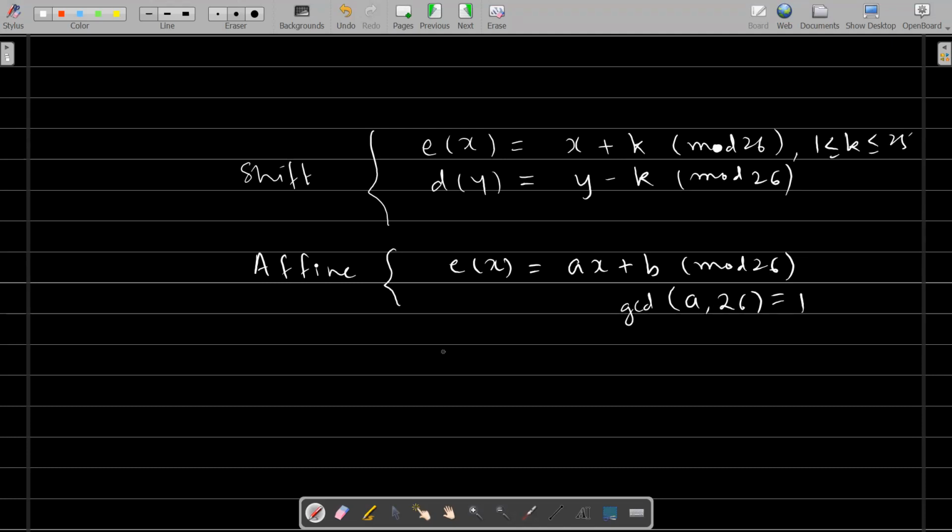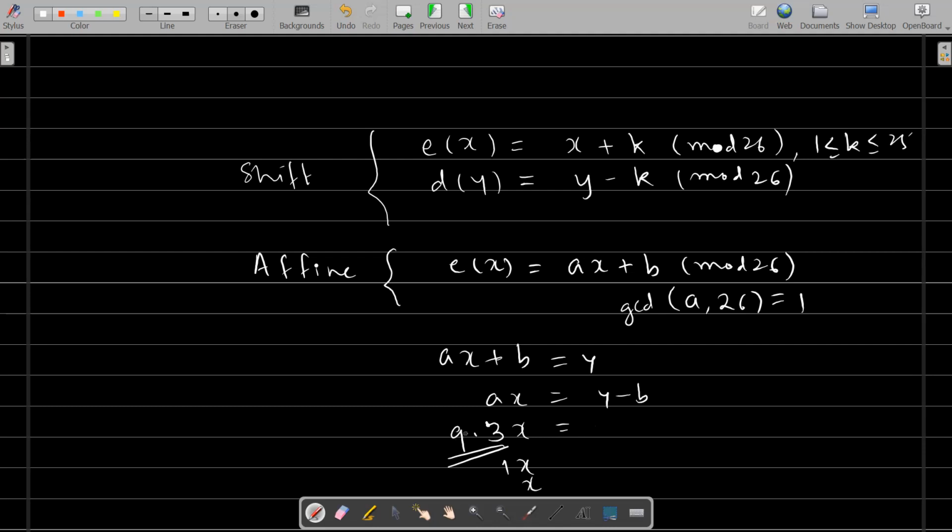So if I take AX plus B as Y modulo 26, then AX is equal to Y minus B, and to get back X I have to multiply by some suitable number so that A and that number cancel and I get 1, right? But in modular arithmetic, I don't have fractions like 1 by 2, 1 by 3, and so on. So for example, say 3x. If I multiply by 9, 9 3s are 27, and 27 modulo 26 is 1. So I'll get back the original x.